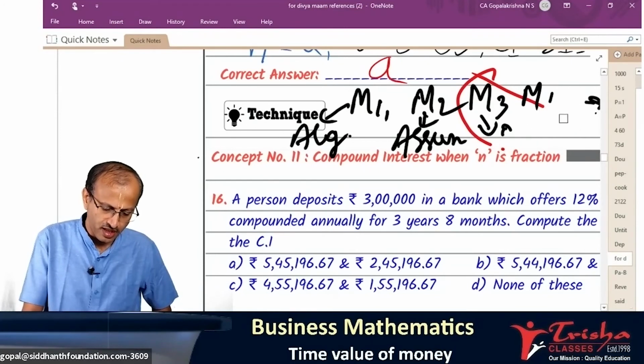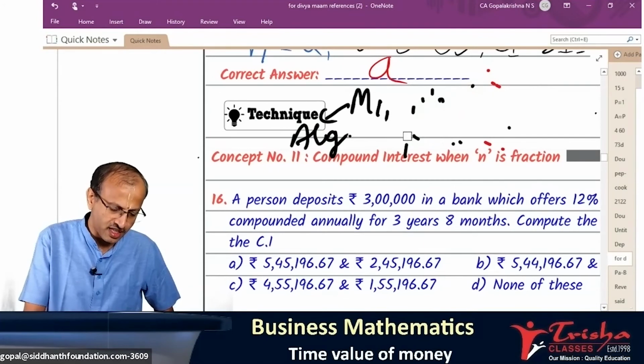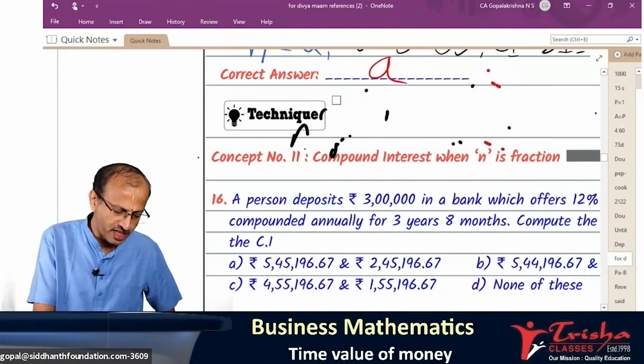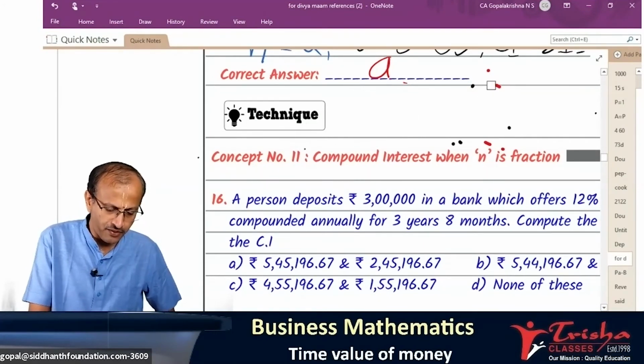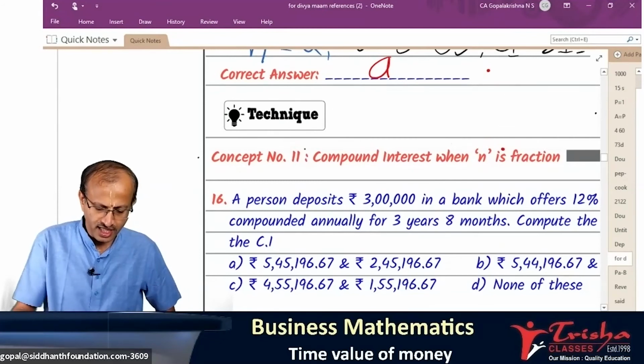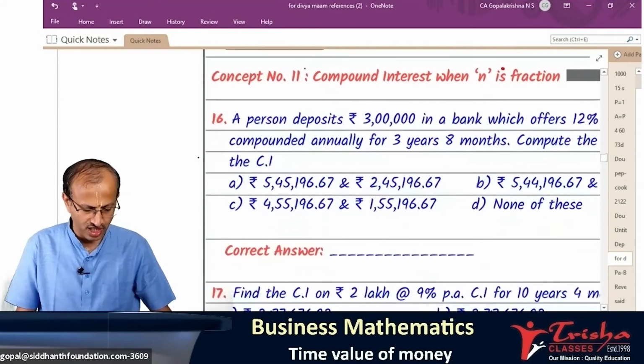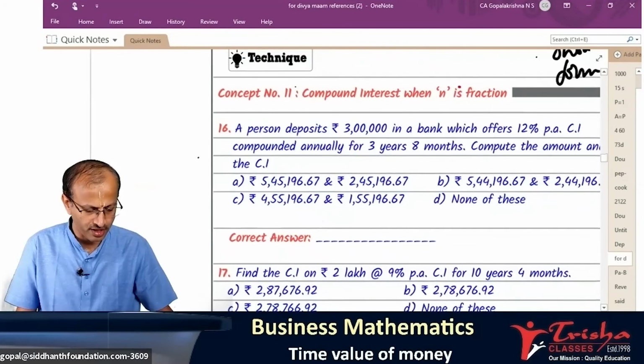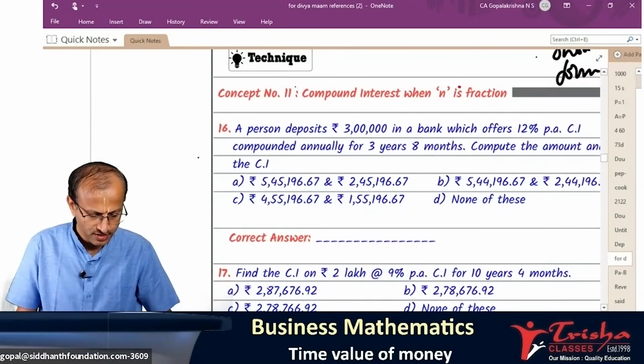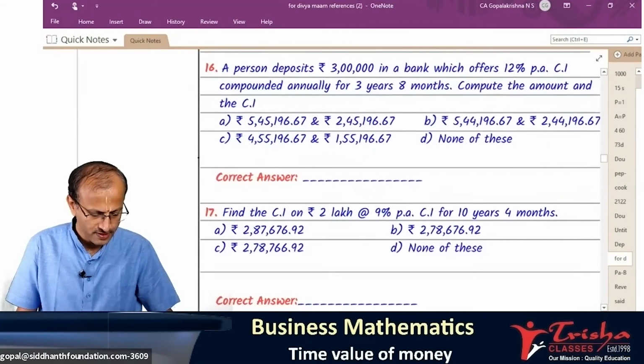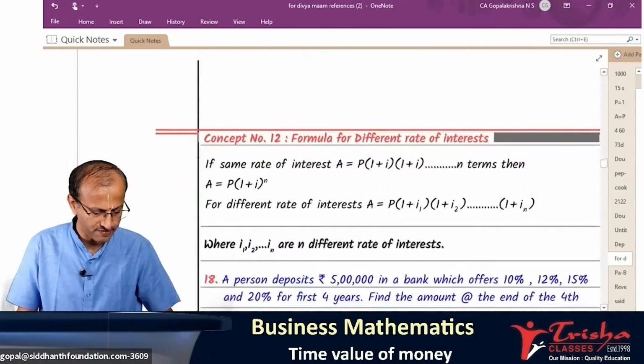Super. All of you read problem number 11 on your screen. Compound interest when n is in fraction or n is not a whole number. You have 2 questions here.